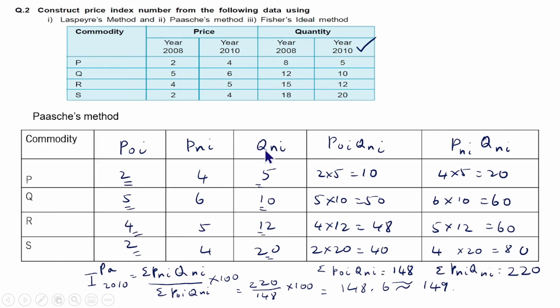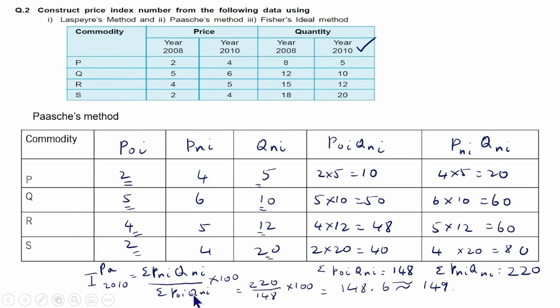So here we have to use the current period quantity as the weights. So it is calculated as summation P n I Q n I upon summation P naught I Q n I into 100. Summation P n I Q n I will be 4 into 5 plus 6 into 10 plus 5 into 12 plus 4 into 20. So it is 220.